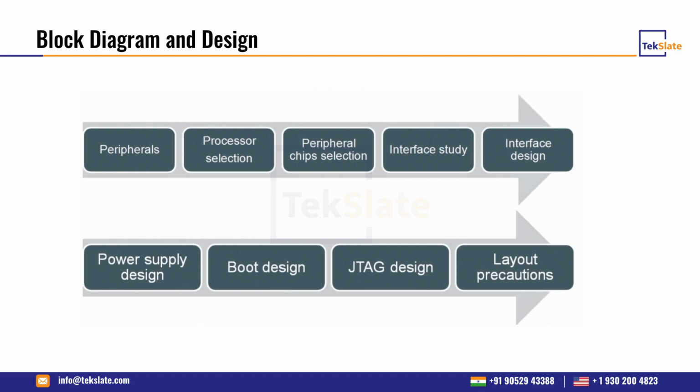Similarly, JTAG is an important aspect of modern controller design. We'll see it shortly. And then there is listing all the layout precautions: what peripherals are used, and what precautions need to be taken in connecting the peripherals and routing the signals. The layout precautions are in terms of the ground and power planes and so on.